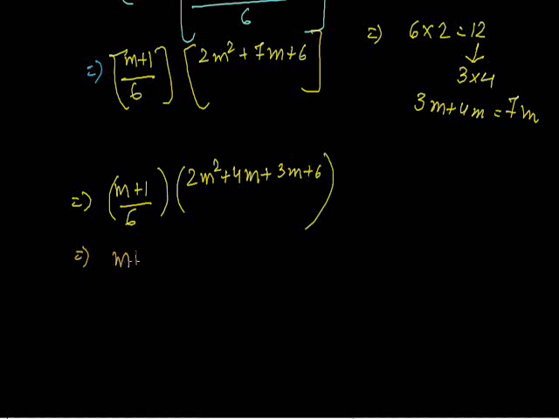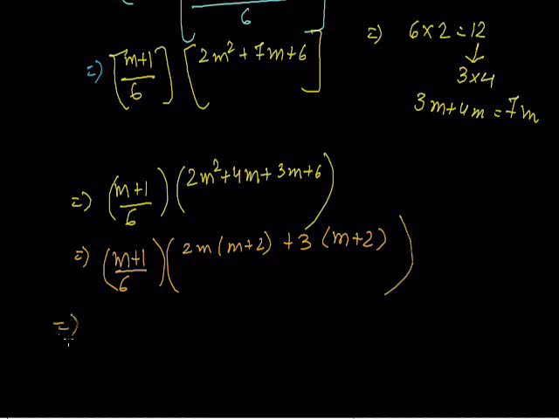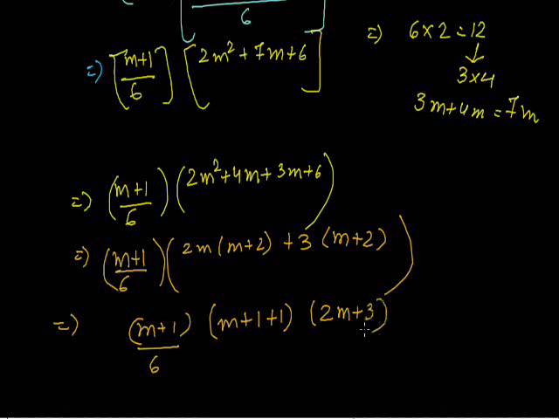Further solving it, m plus 1 by 6, 2m into m plus 2 plus 3 into m plus 2. Now m plus 1 by 6 we already have. What we next have is m plus 2 into 2m plus 3.